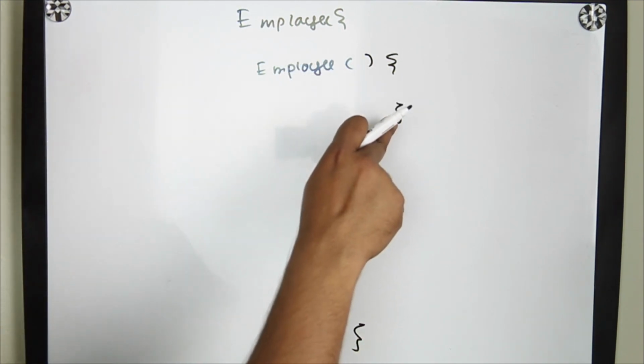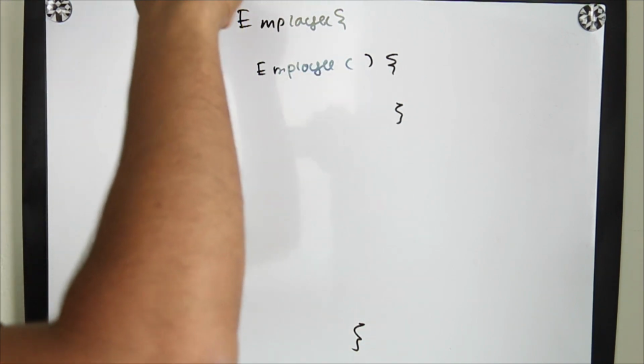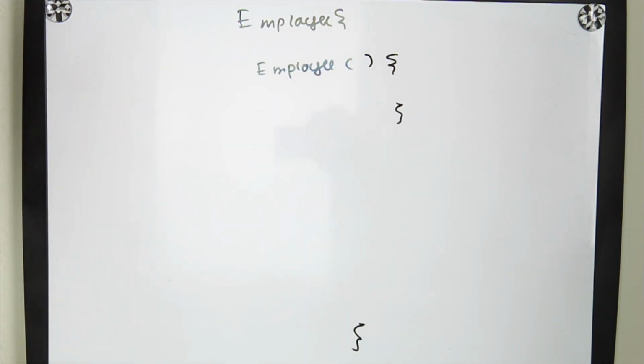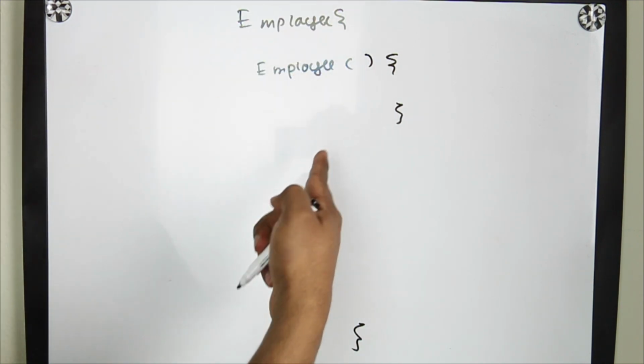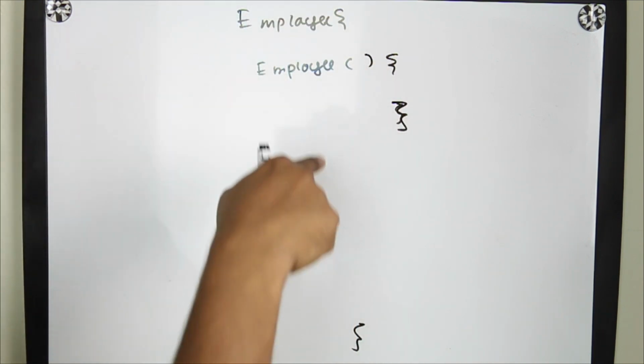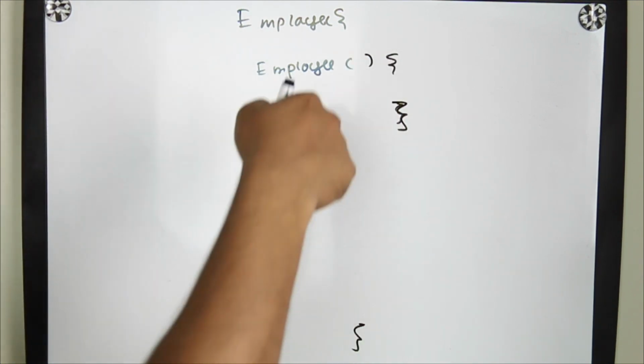For this constructor, the parent class, superclass constructor must be visible to this child class. That is a must in Java. The parent class no-argument constructor must be visible to this child class.